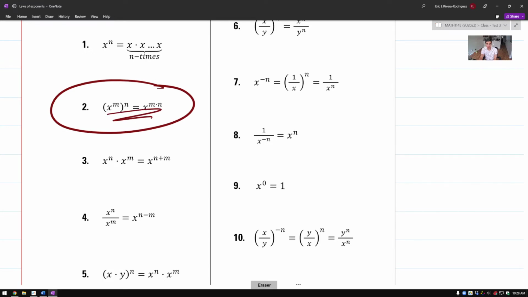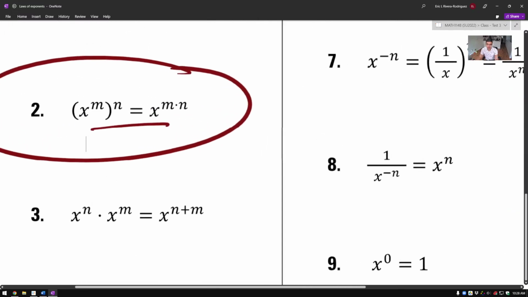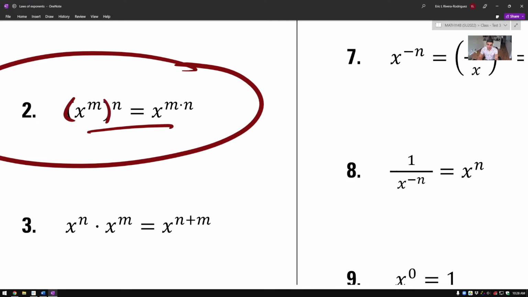Right now we are going to use property number 2, where we are seeing parentheses enclosing x raised to the power of m. On top of that parenthesis we have n, another exponent that goes directly to the parentheses. We can simplify that by just multiplying both exponents, and that's what we are going to do here.